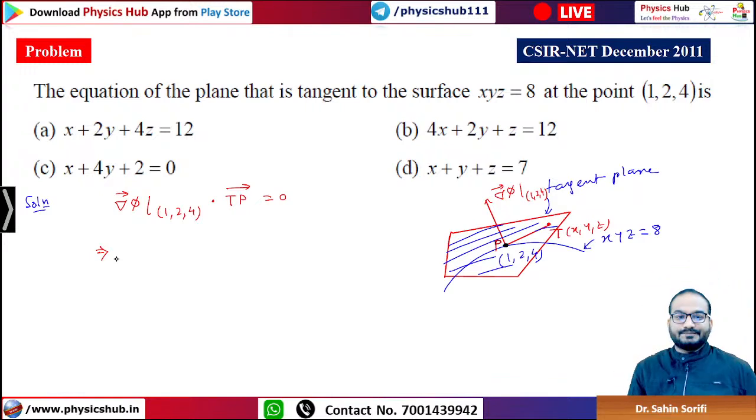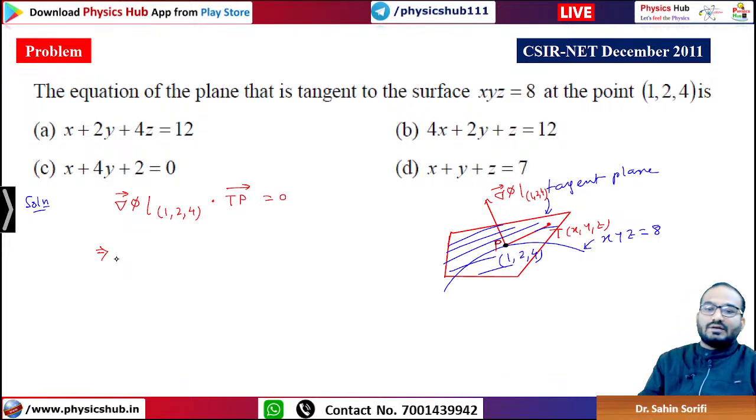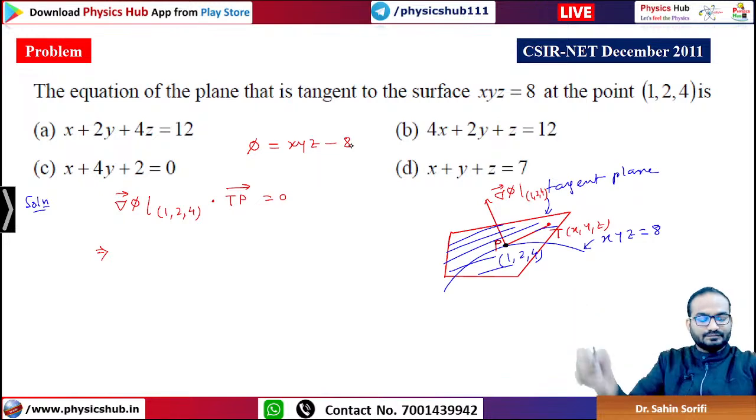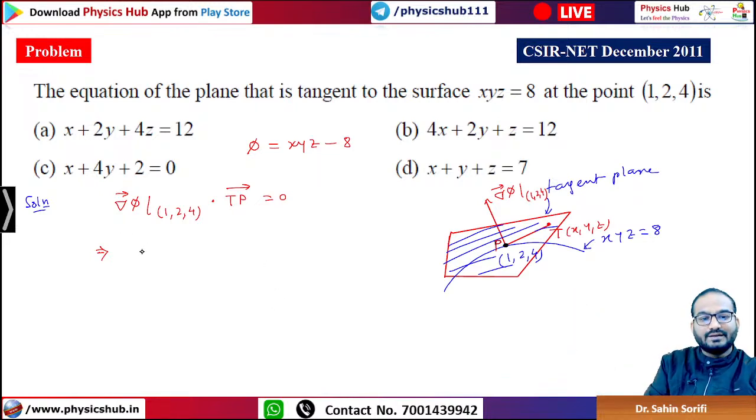First of all, grad phi, what is grad phi? What is phi? First of all, phi is nothing but xyz minus 8. So grad phi will become yz I cap plus zx j cap plus xy k cap, right?